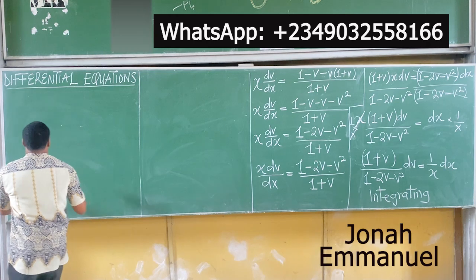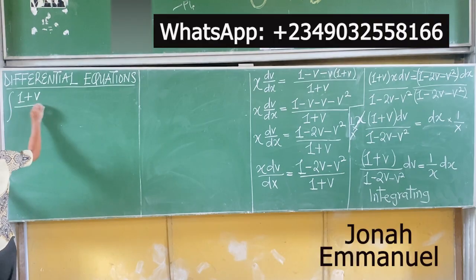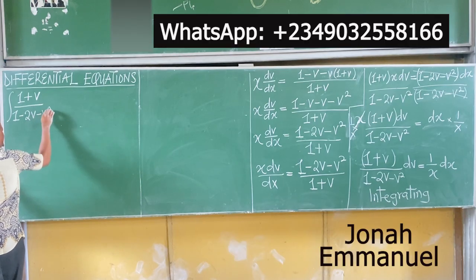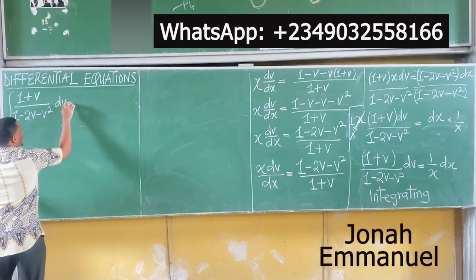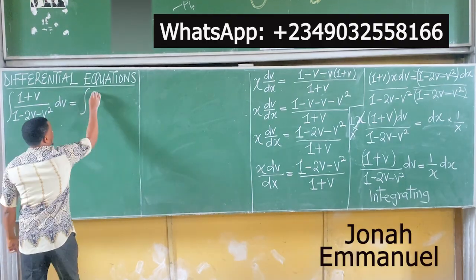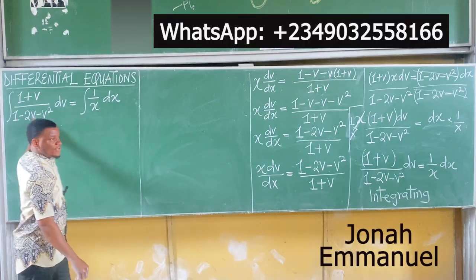Integration, I have that the integral of 1 plus v all over 1 minus 2v minus v squared, this dv, is equal to the integral of 1 over x dx.